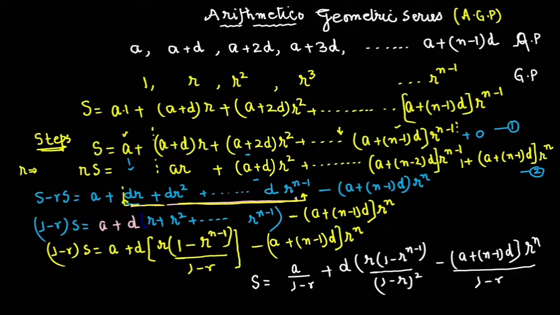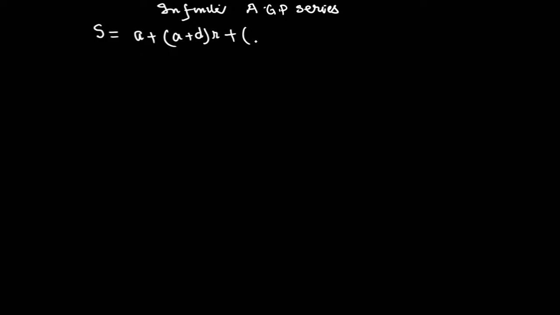Now I will ask, if it becomes an infinite AGP, then how will you do it? See here, if it becomes an infinite AGP series, it means S is equal to a plus d into r, a plus 2d into r square, dotted, it goes to infinity.